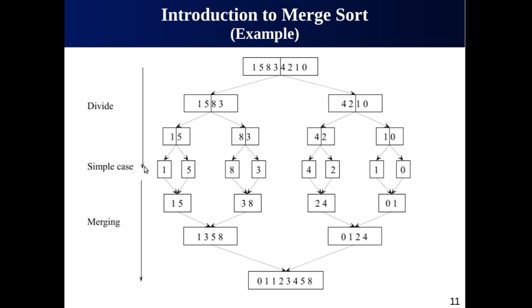Now, remember, we have to stop the division once we get a single element, which is called the simple case or the base case. We have reached a situation where we have only one element in the subarray, so we need to stop here. The base case has been reached.